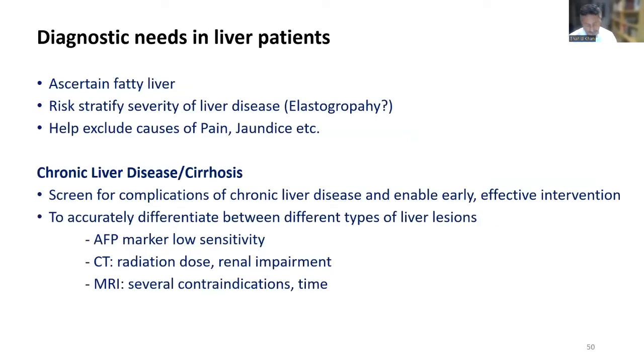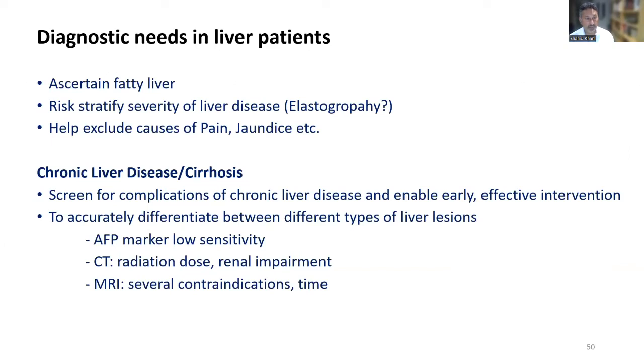So, given what I've said about rising liver disease and the risks of the complications of liver disease, what do we need from our friends in radiology and imaging? Well, we need to be able to know if someone's got a fatty liver.